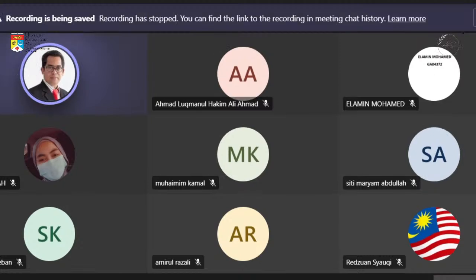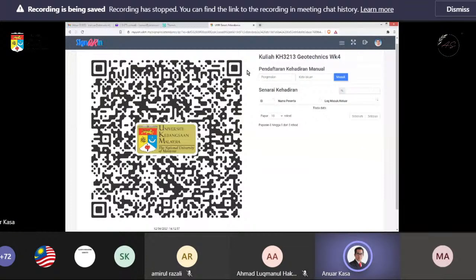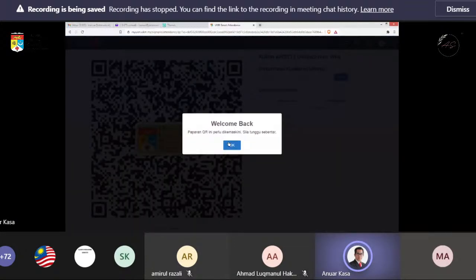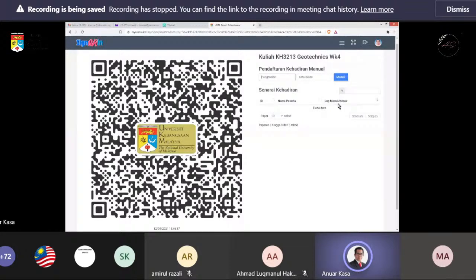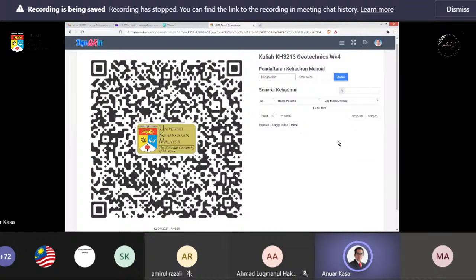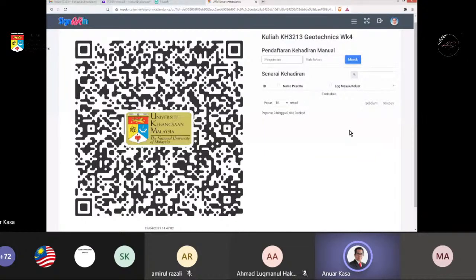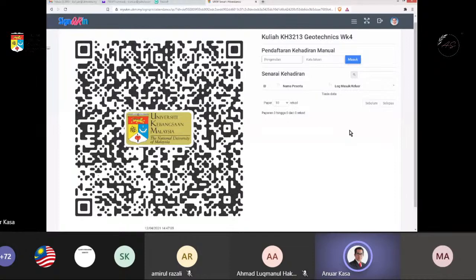Okay, then you can try to scan. See whether it works. If you don't have any question, then I can leave you here, or you can try again to scan the attendance. Is that okay like that?